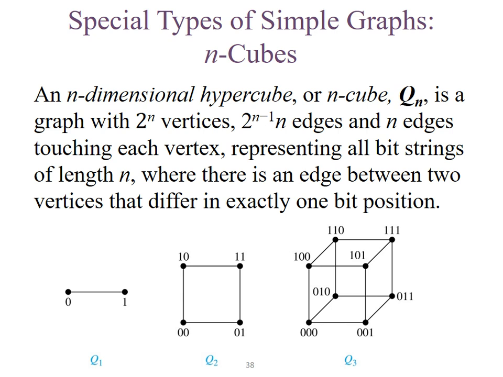And then how we build Q3 by Q2, you can double the graph of Q2. So it will be 1, 0, 1, 1, 0, 0, and 0, 1 again. Now we have the corresponding points, all right? 0, 0, 0, 0, they are corresponding points. So we can build an edge between the corresponding points.